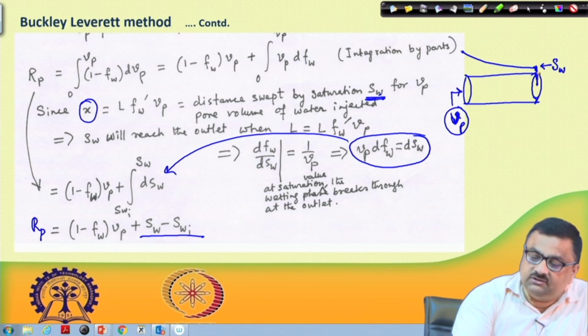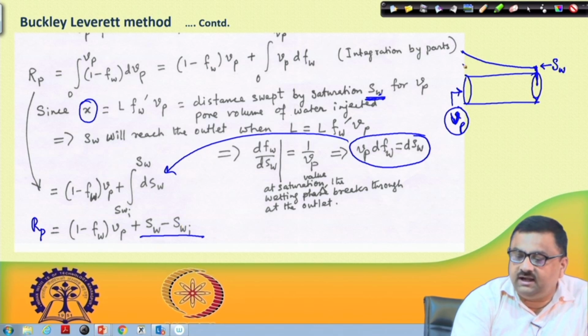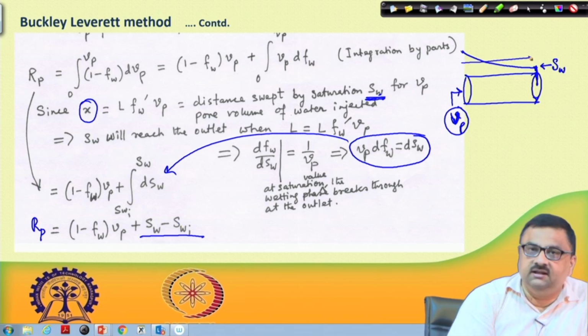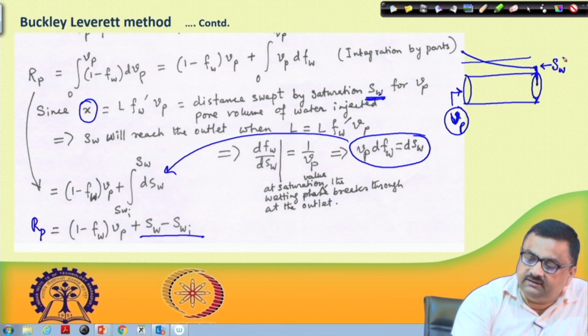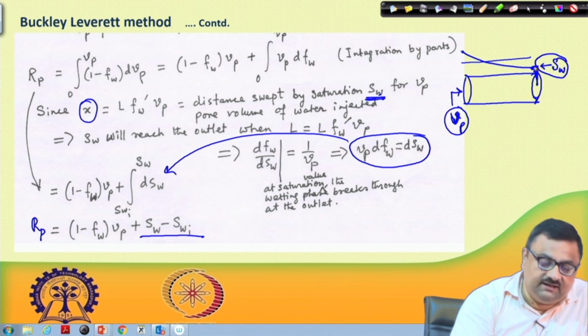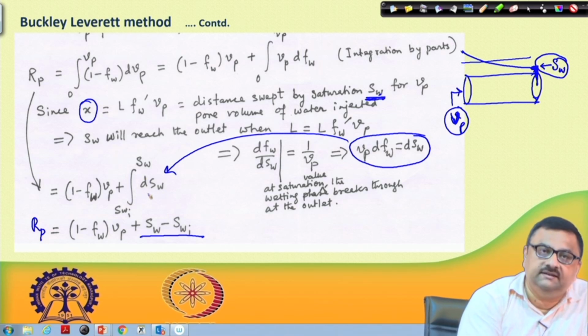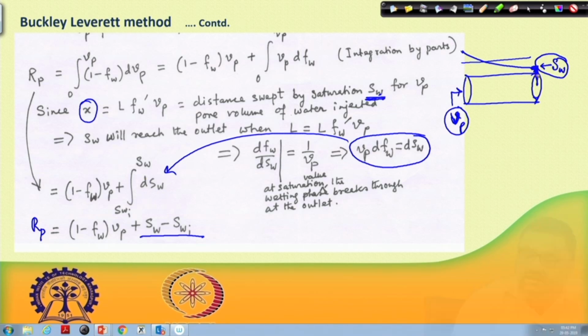So, that means when we are talking about SW bar on one hand, which is the average saturation, at the same time we must remember that the saturation at the outlet is basically the SW in this equation. This is not any arbitrary saturation value somewhere in between. This SW is the SW at the outlet, and SW bar is the average saturation.